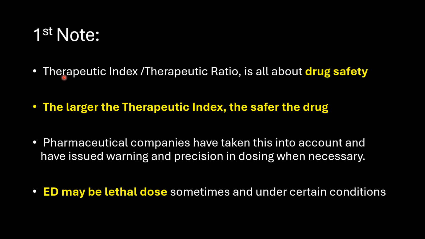Let's take the first note. Therapeutic index is the same thing as therapeutic ratio, and it's all about drug safety. The larger the value, the safer the drug. Pharmaceutical companies are helping us a lot, putting this into consideration before telling us that so-so dosage will be enough, and at so-so dosage we might have toxicity.